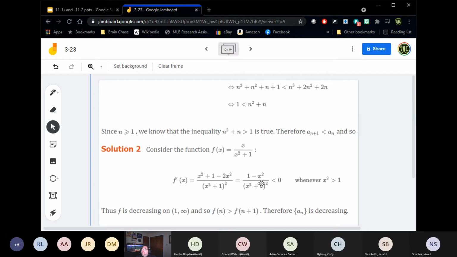As long as x is greater than 1, this top value is always going to be negative, and at 1 it would be 0. So as long as x is greater than 1, it's going to be a negative slope. Therefore, this function is always decreasing. This works really well as long as you can do your derivative quickly and simply.